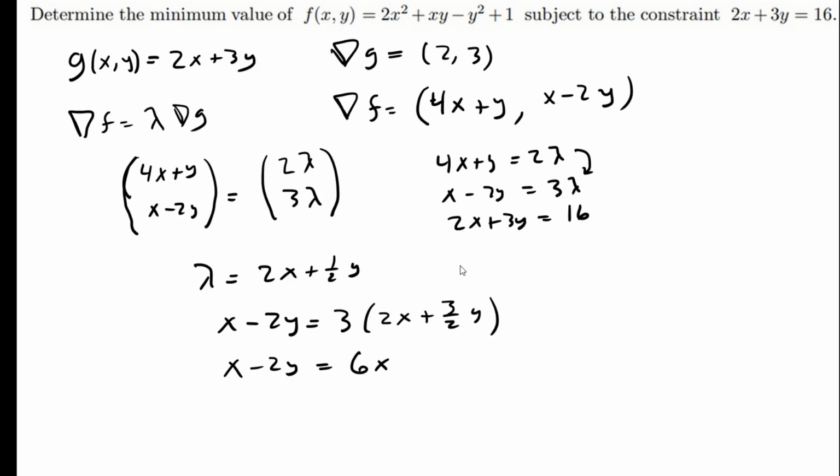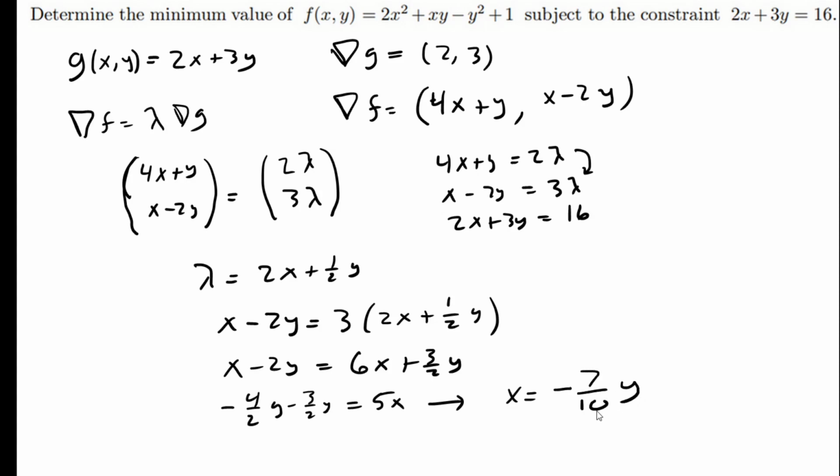Did I already distribute the 3? Yeah, plus 3 over 2 y. Subtract 3 halves y and subtract x from both sides, so I have minus 3 halves y. So this is minus 4 over 2 y minus 3 over 2 y equals 5x. That tells me that x equals minus 7 over 10 y.